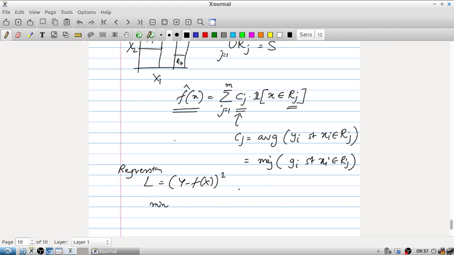Let's say I pick the number of regions to be M. Then I should minimize over everything which defines my classifier, region 1 to region M and C1 to CM, the sum over i equal to 1 to n of the squared loss, yi minus f hat of xi, where f hat is defined as above.